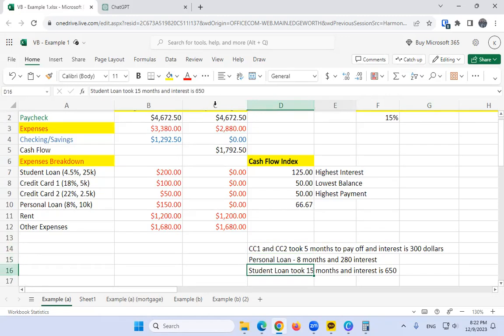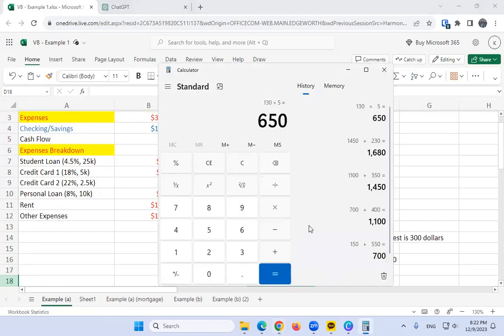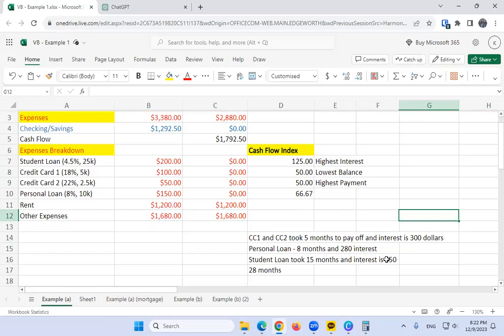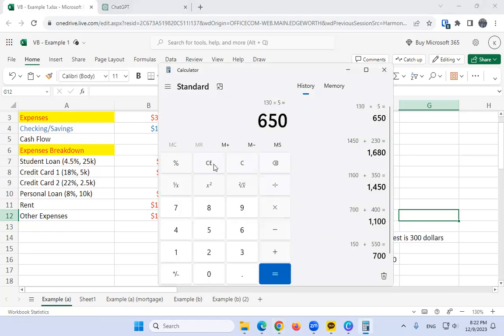Did it take 28 months? Oh, 28 months. Okay. So 28 months, and the interest is about $1,000, right? So 300 plus 280 plus 650 plus 280.